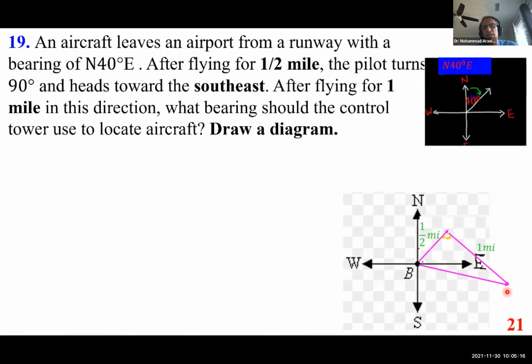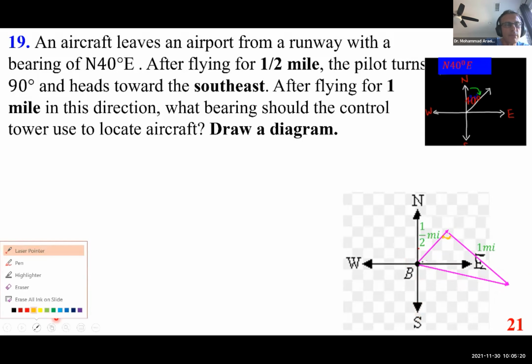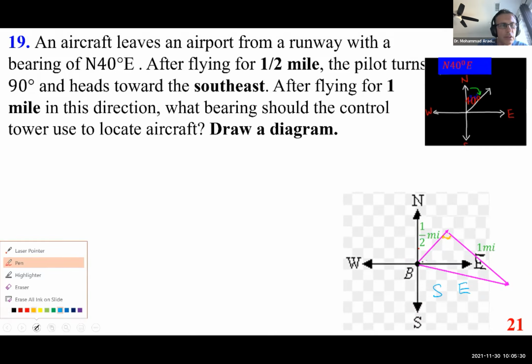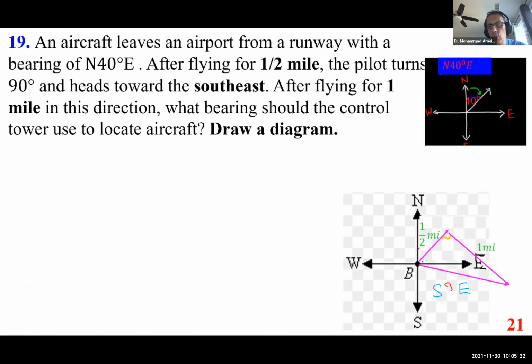So SE, in essence, you can write even, this may not be a bad idea to write. So we know it's south, we know it's east. We just need to figure out this angle. Okay. So that's the idea.